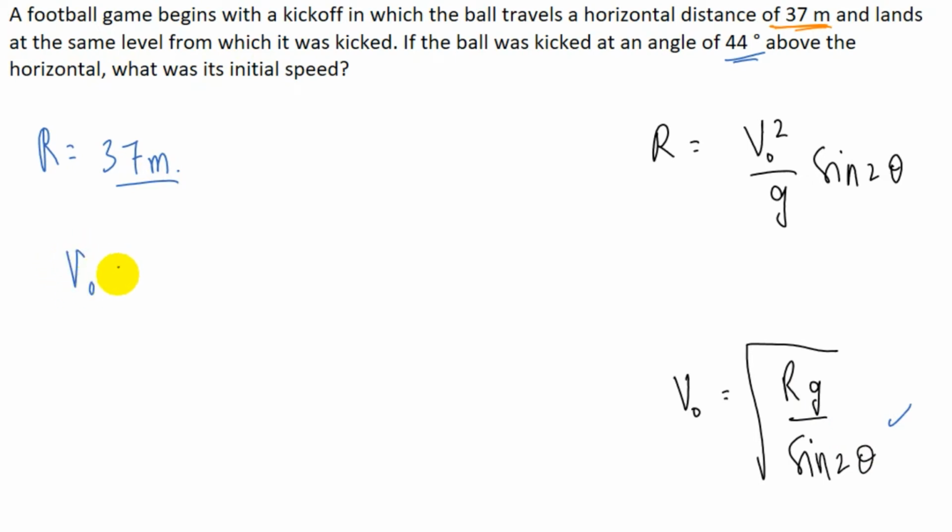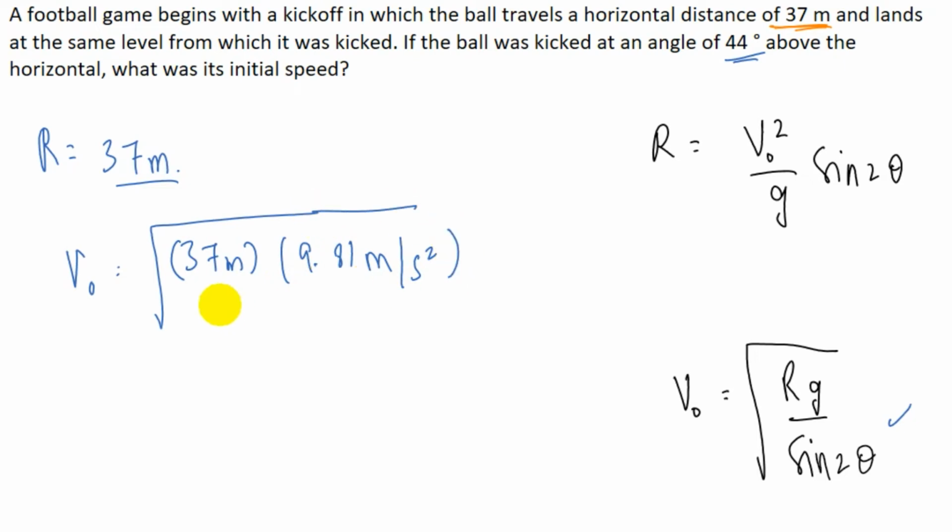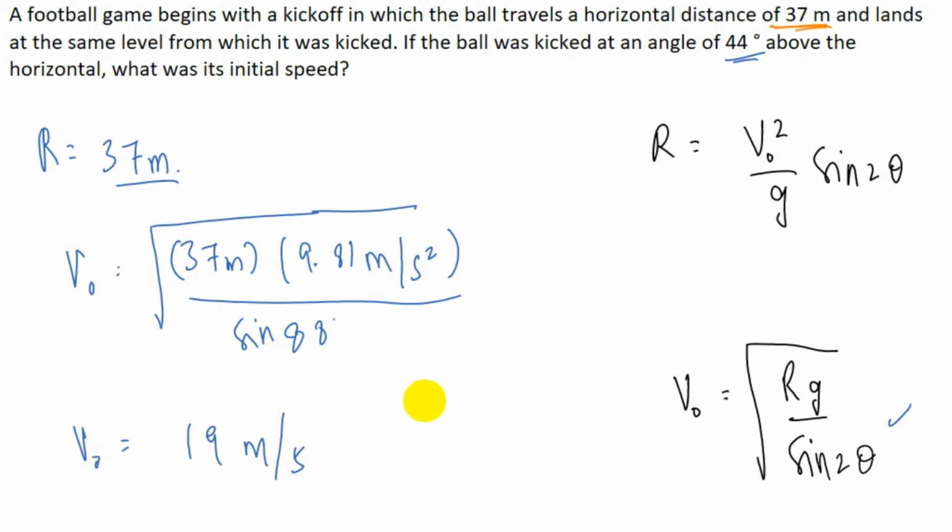V0 equals under root of R, which is 37 meters, G is 9.81 meters per second squared, divided by sine 2 theta. Sine 2 theta is sine 88 degrees, and on further solving we'll get the answer to be 19 meters per second. So this is the initial speed with which the projectile was launched.